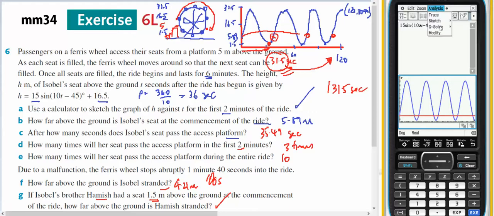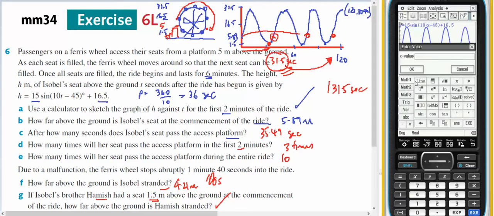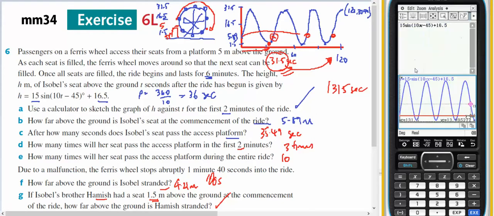And I do analysis, G-solve, y-calc, and yes, I want the first curve when x equals 131.5, and that tells me he should be at 13.895, which will make it 13.90 metres above the ground.